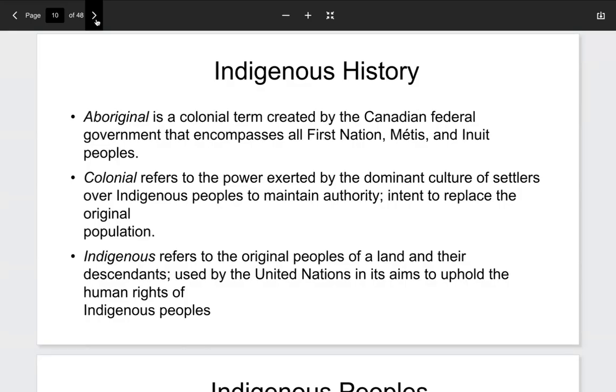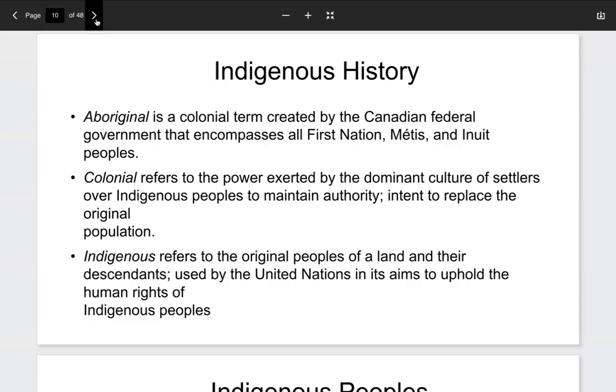And the purpose of colonialism is really to replace the original population. Throughout history, anytime we're talking about colonialism and colonization, the purpose has been to wipe out the identity of the original population of that land, to assimilate them into the Eurocentric model. When we're talking about Indigenous, we're referring to the original peoples of a land and their descendants.